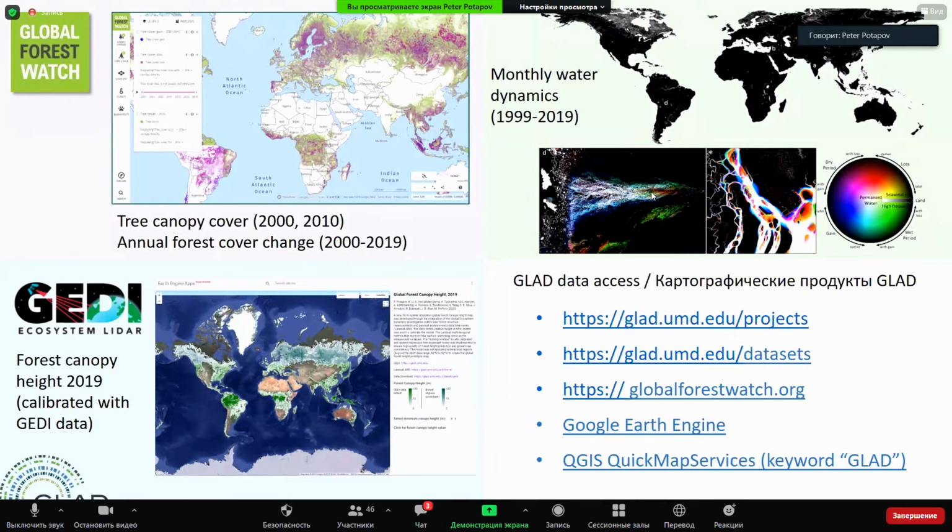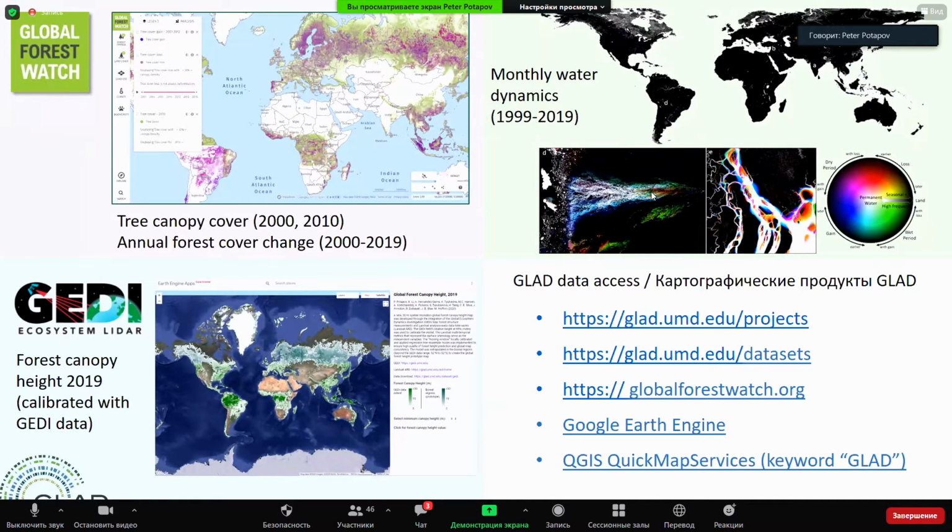Today I will present a product that we produced just recently. We are combining optical data and the GEDI LIDAR data. All the products that we are making are in the public domain, and I ask you to click on these links.